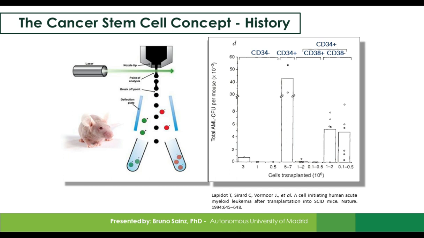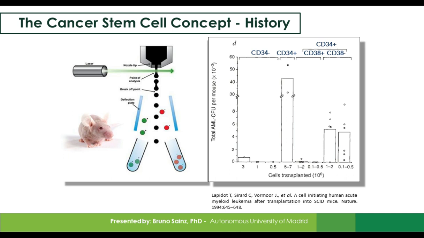On the one hand, the availability of immunocompromised mice, which is very important for the capacity to implant human cells into a small animal model, and also the advent of flow cytometry, specifically fluorescence-activated cell sorting. Both of these techniques allowed the researchers to first isolate the cells of interest and then implant those cells in nude mice to test their tumorigenic capacity.